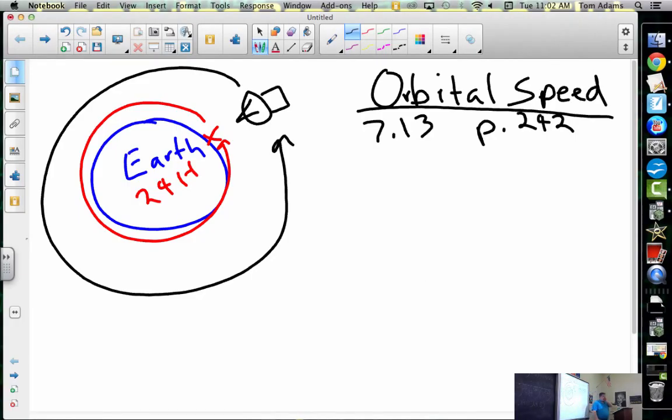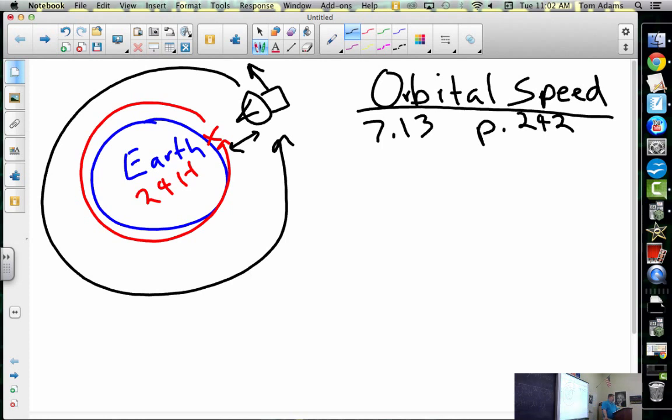Now what that means is that this satellite has to be a certain distance from Earth, and it has to have a certain velocity or speed. Based on the physics, we can calculate the height or altitude of the satellite and the speed, based on the radius of the circular path it has to travel.